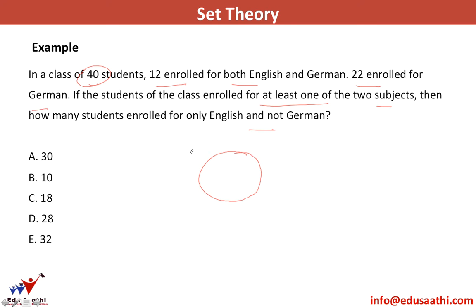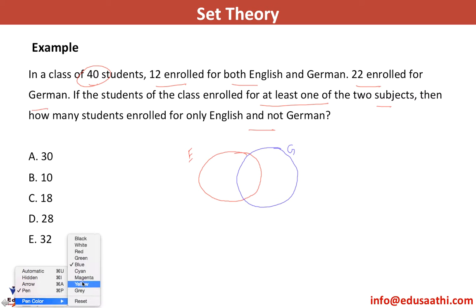So let's say this is a set E of the students who have opted for English. Now I have another set here, and let me write here G representing students who've opted for German. Now what I know is that 12 students enrolled for both English and German.